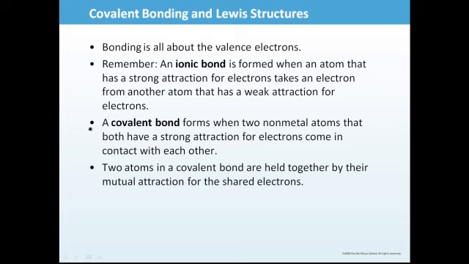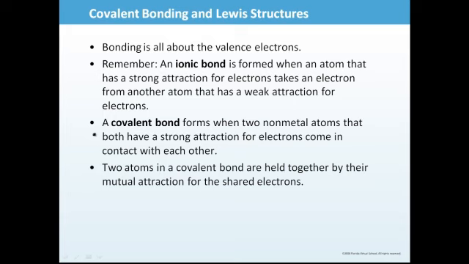instead of it being a full-on win, if you will, in the tug of war, it's basically a standoff. So instead of one atom taking the electron from the other one, they end up sharing them. Alright, so this typically happens between two nonmetals where they both have a strong attraction for the electron.